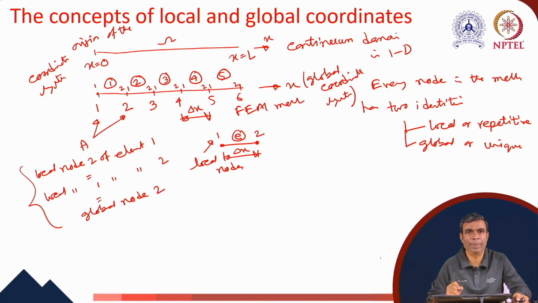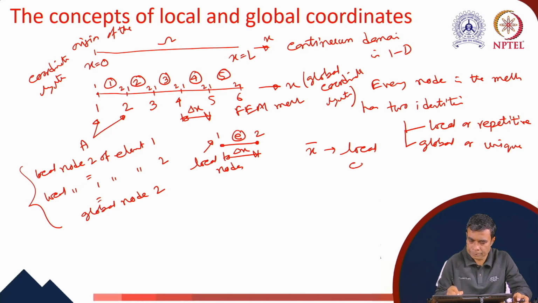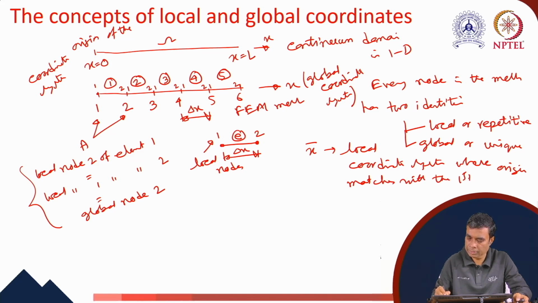So the local coordinate system stretches within that element of interest, and the first local coordinate represents the zeroth data of coordinate, and the second coordinate represents the mesh size. It means that we introduce the concept of local coordinate system whose origin matches with the first local node of every element.